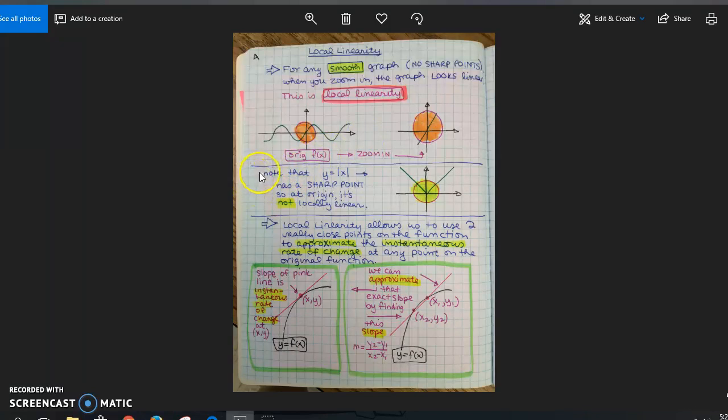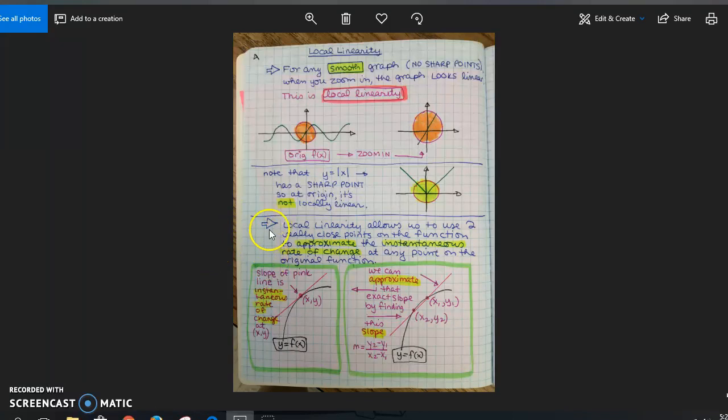All right, just a note for the future you, if I have an absolute value function, no matter how much I zoom in on this sharp point, I'm never going to have local linearity. So the zooming in and the local linearity are only for smooth graphs.